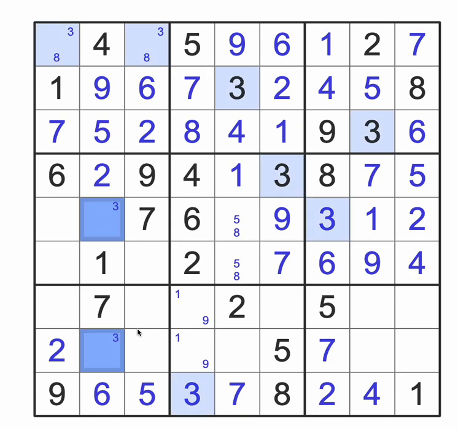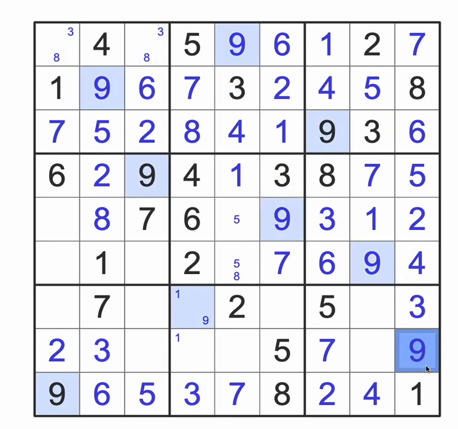This column is missing 3 and 8. 3 is here, so this is 8 and this is 3. 3 blocks these. 3 here blocks this cell. Gives me 3 here.